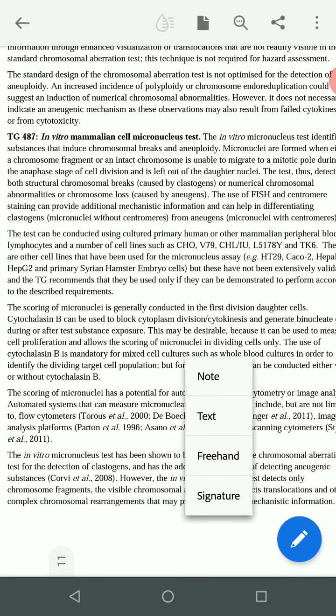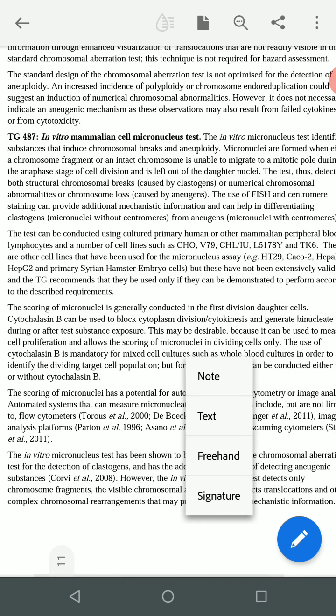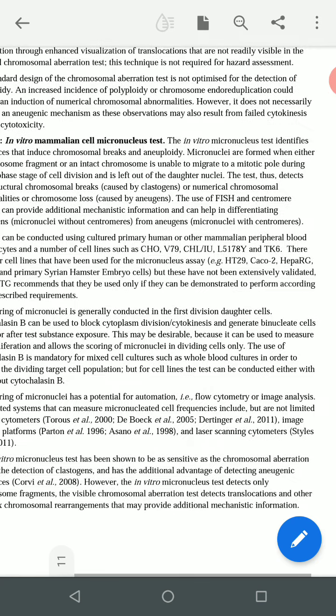The test can be conducted using cultured primary human or other mammalian peripheral blood lymphocytes. Here we are taking the cells as either human or mammalian peripheral blood lymphocytes, and a number of cell lines such as, as I already told, CHO, V79, CHL/IU, L5178Y and TK6.